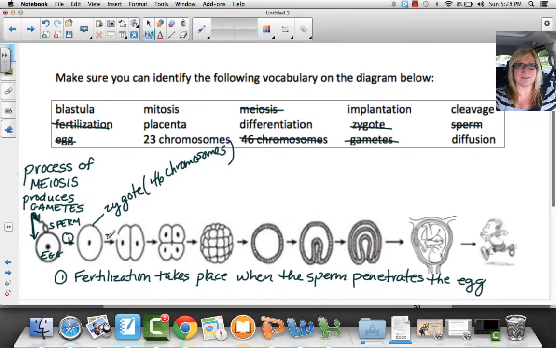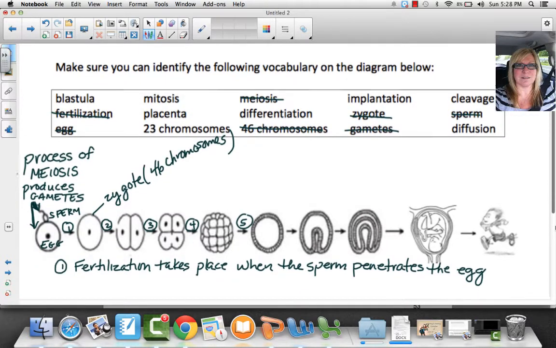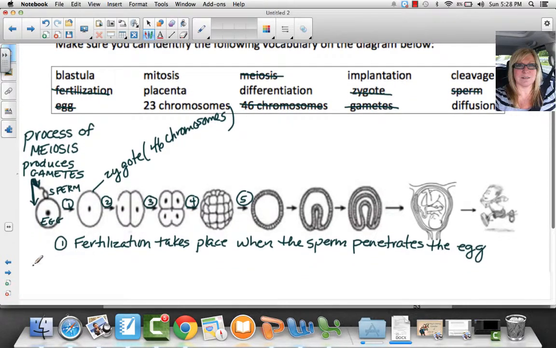Then 2, 3, 4, and 5. So 2 through 5 is cleavage, which is mitosis.